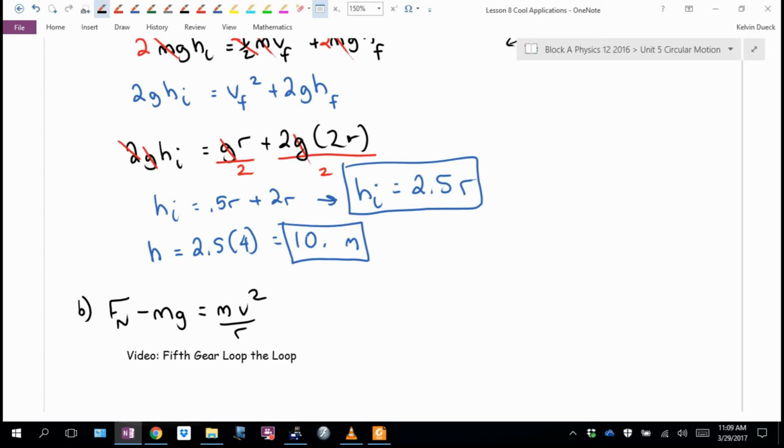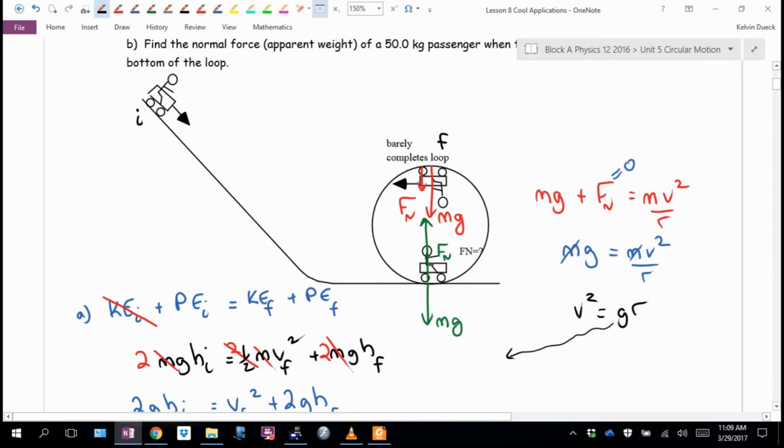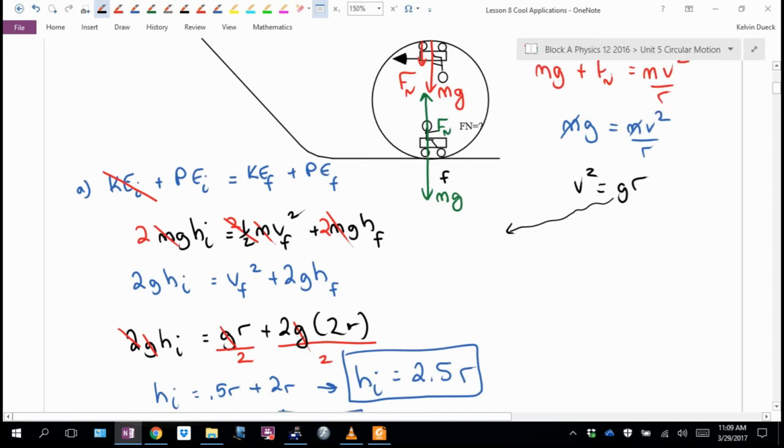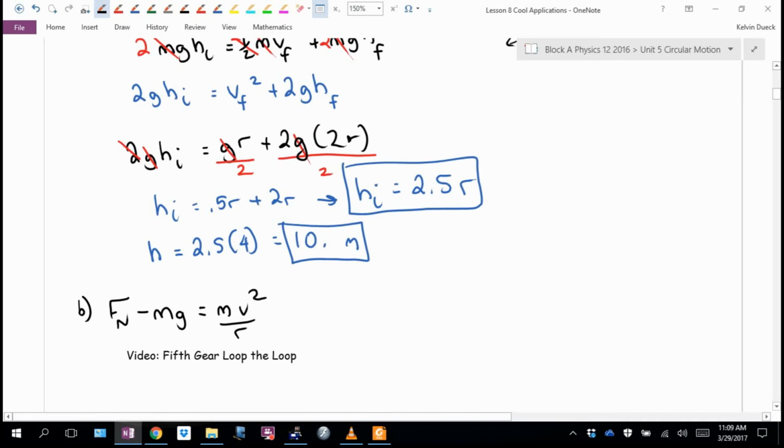Conservation of energy. So now, instead of final being at the top, I'm going to redo this, but I'm going to have final be at the bottom. Kinetic initial plus potential initial equals kinetic final plus potential final. Starting at rest.